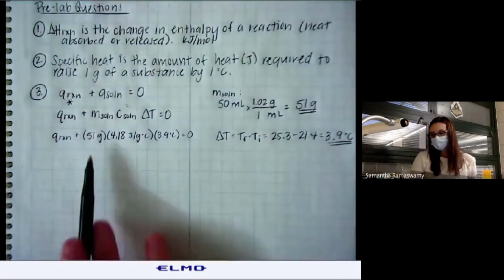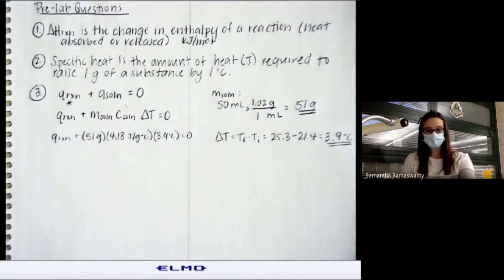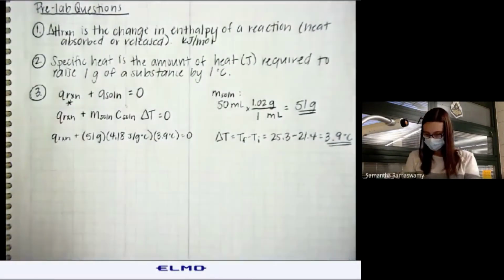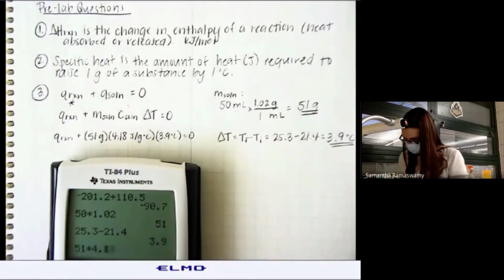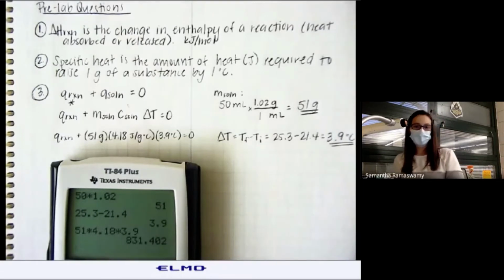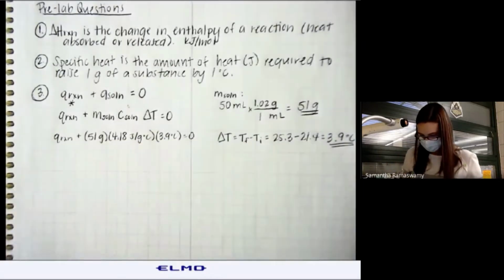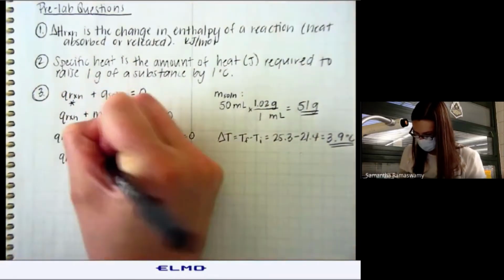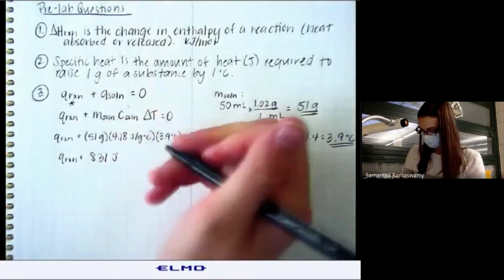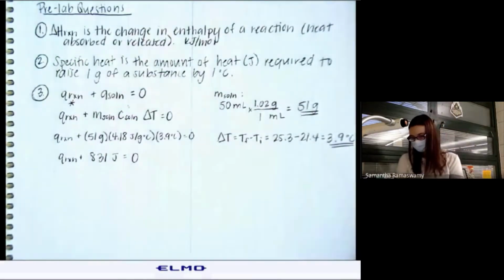So here we're calculating Q solution. So I'm going to do 51 times 4.18 times 3.9. 831.402. So based on our given information, I'm going to use 831 joules equals 0.